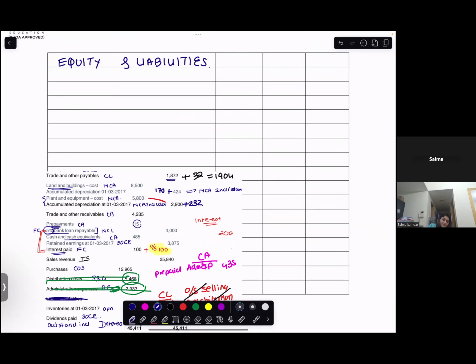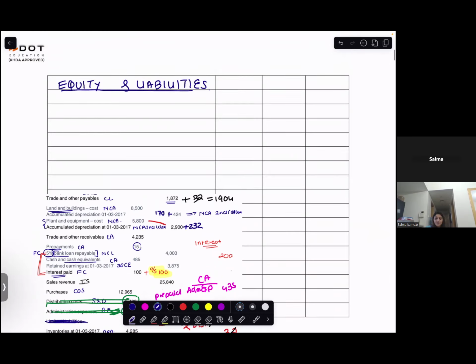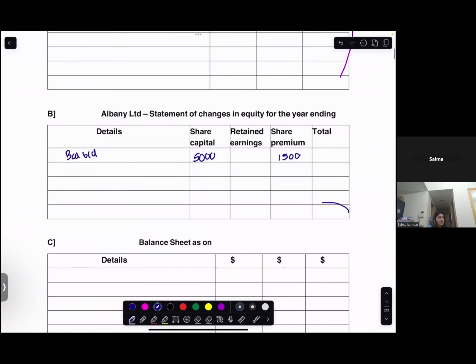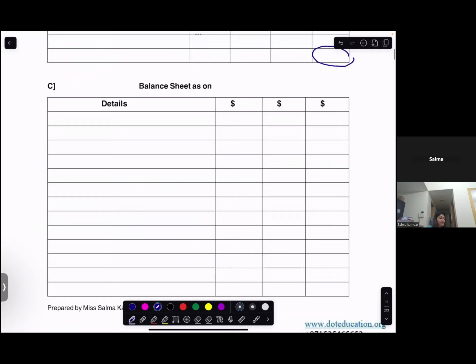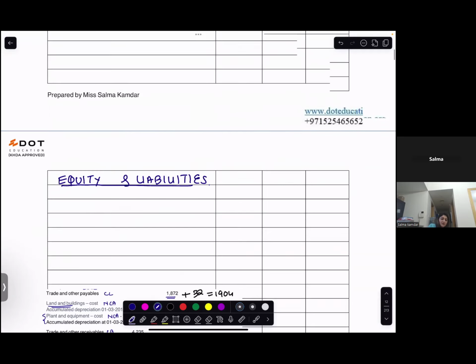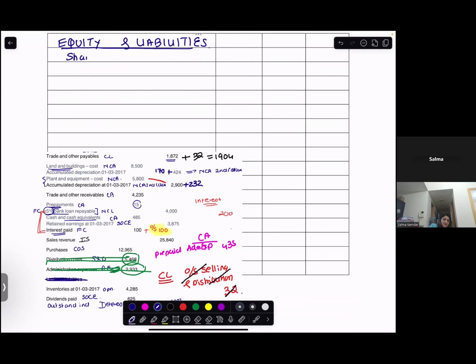In my equity and liabilities, I would have my shareholders' funds. If you remember, this total is my shareholders' funds. So I'm just going to write shareholders' funds. Either I can write this or I can write share capital and I can write reserves. Please write along with me.